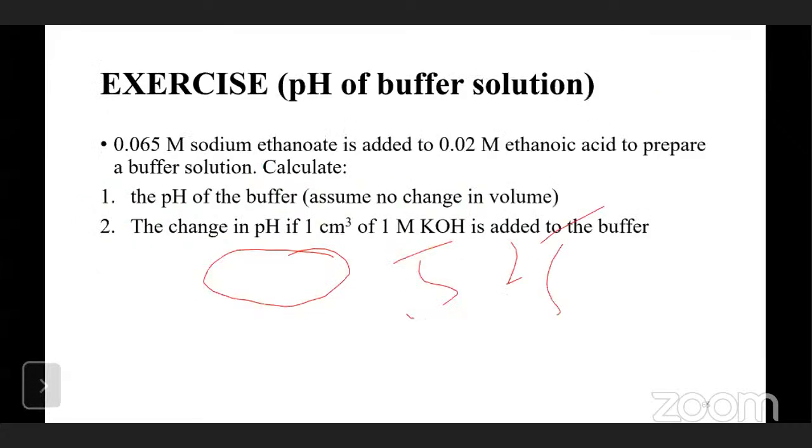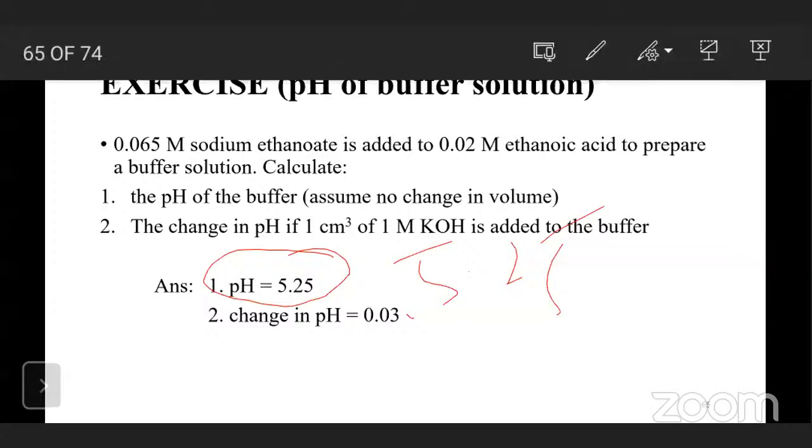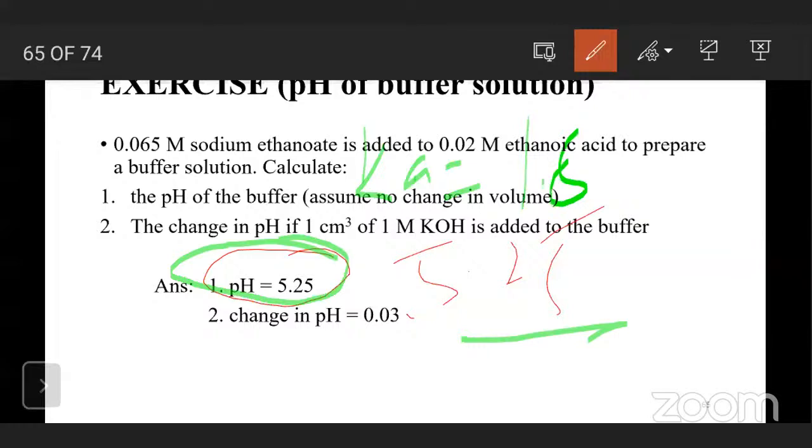The second step to take is to calculate the original pH of that buffer solution, and that is what we have done. How did we do that? We've been told that our Ka is 1.8 times 10 to the power minus 5.